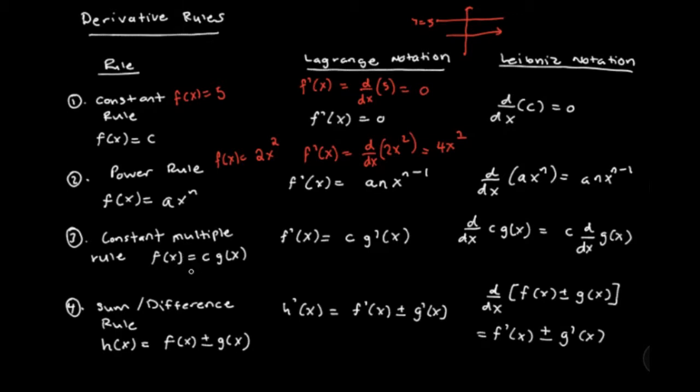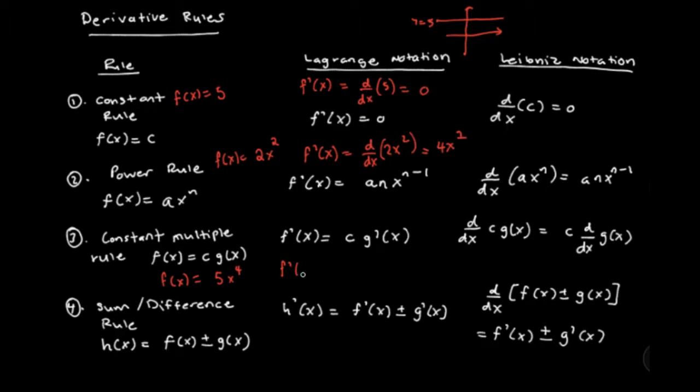Let's take a look at the constant multiple rule, where f of x is equal to some kind of constant times g of x. When you're doing the derivative, you can actually write the constant on the outside. This is exemplified using Leibniz's notation. You can see that the constant is taken away, and then you can do the derivative of the inside. So in this sense, let's say we have f of x is equal to 5x to the power 4.